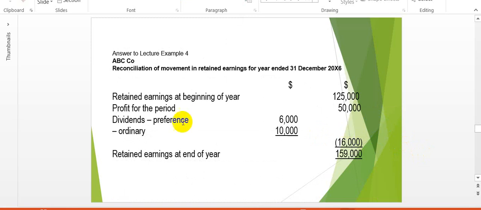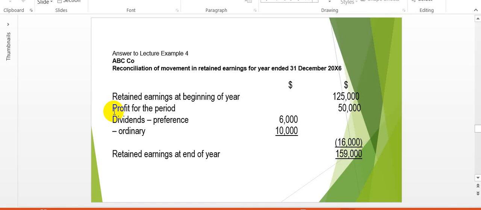Then from this we take out the preference dividends first. You will recall when we looked at the tutorial for preference dividends, we said the preference dividends receive their dividends earlier than the ordinary shares.